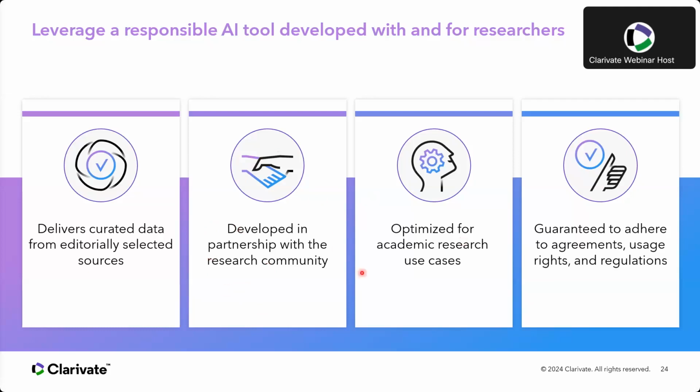We're looking at some interesting use cases, and there will be more use cases that can be addressed by the research assistant. And we want to make sure that there is transparency. We want to respect those agreements, but also usage rights and regulations when it comes to using published content, working with publishers to address these issues.